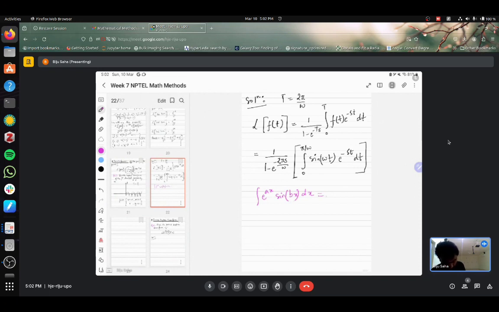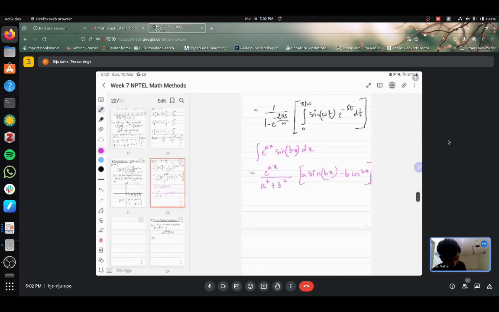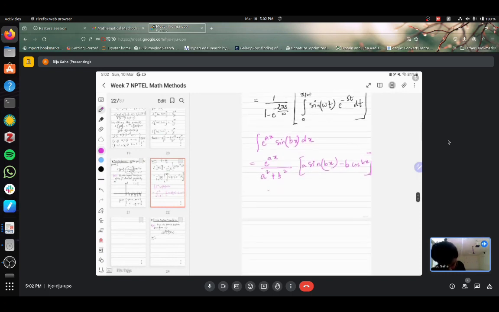So this is given by the standard formula. For this problem you have A equal to minus s, and B equal to omega.